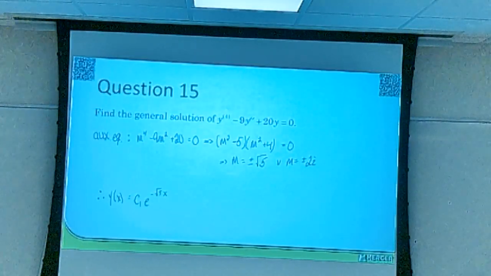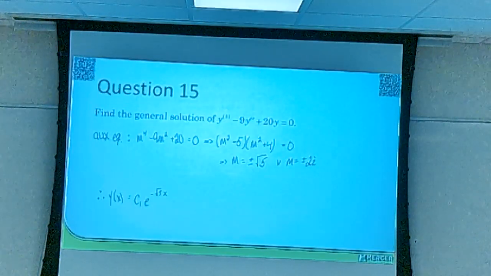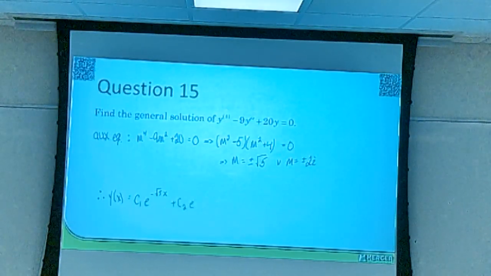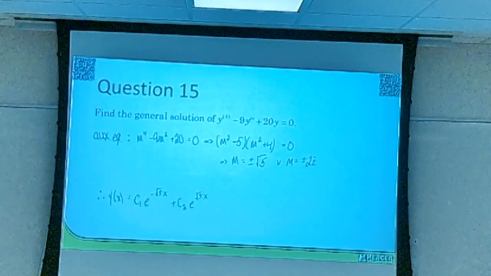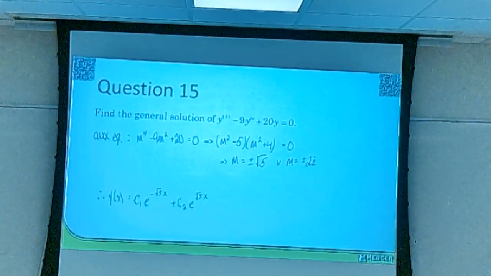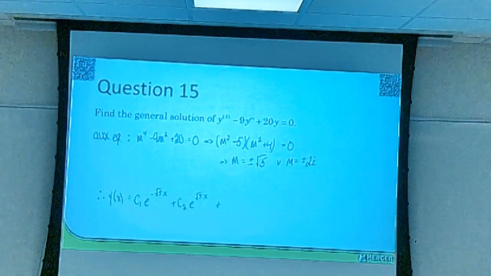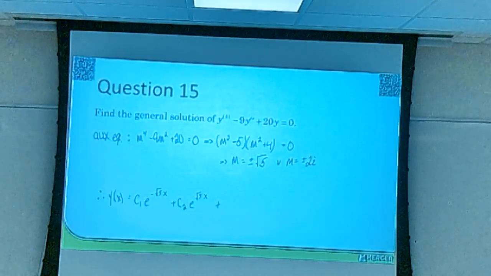First root was negative root 5. Second root, positive root 5. None of them repeated. And typically I'll do all the real roots first, and then worry about the complex.